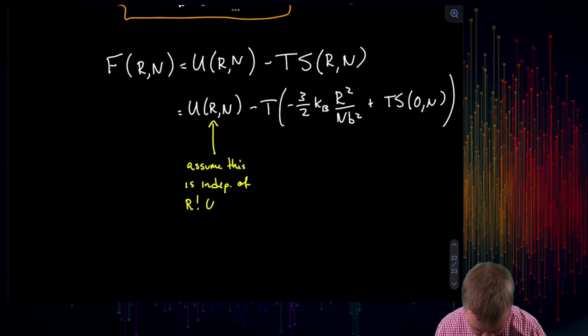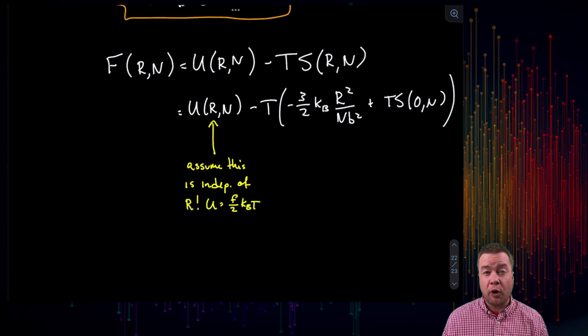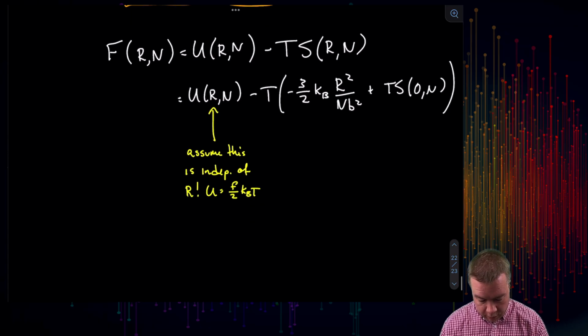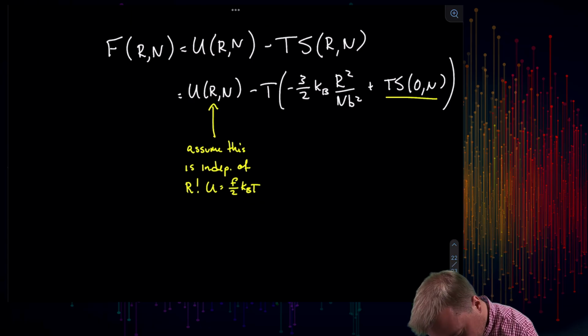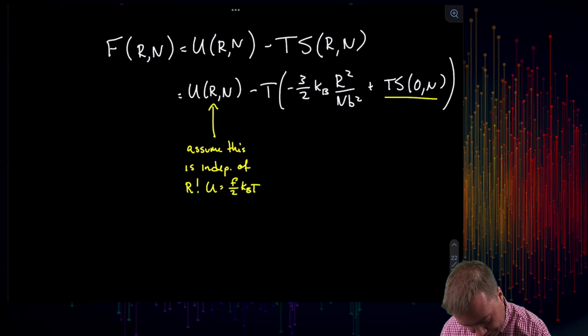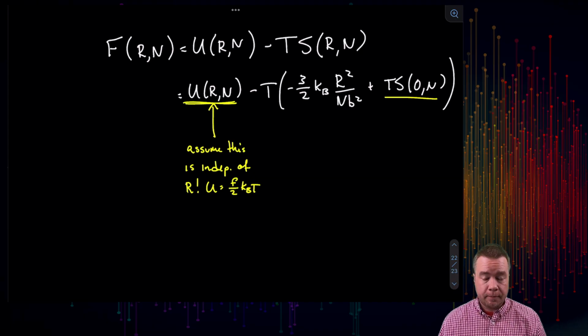So U would be f over 2 kBT per monomer, but that doesn't depend on the size, right? So we don't really care how big the polymer chain is. It doesn't matter. Point being, we're going to group this term, TS of n and 0, with this term.